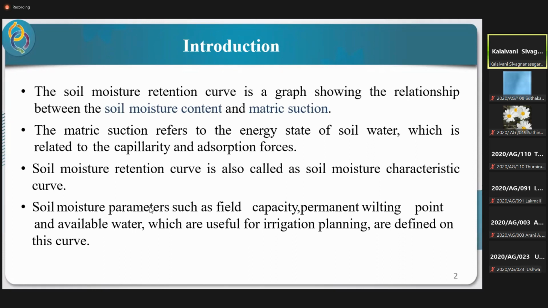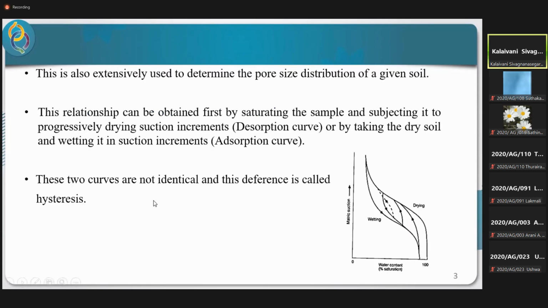These theory sections you will study in your theory part. Here I mentioned some key points about desorption and adsorption. This relationship can be obtained first by saturating the sample. When you saturate a soil, you can observe one thing.